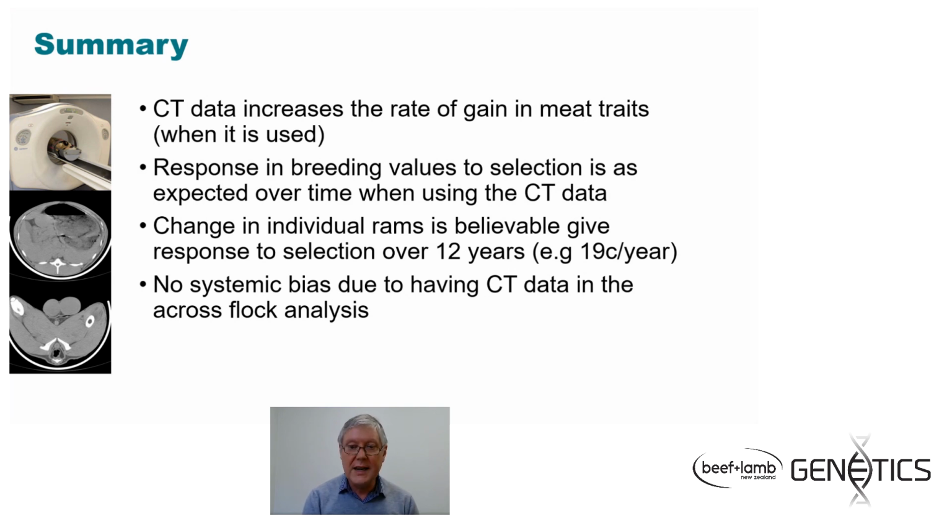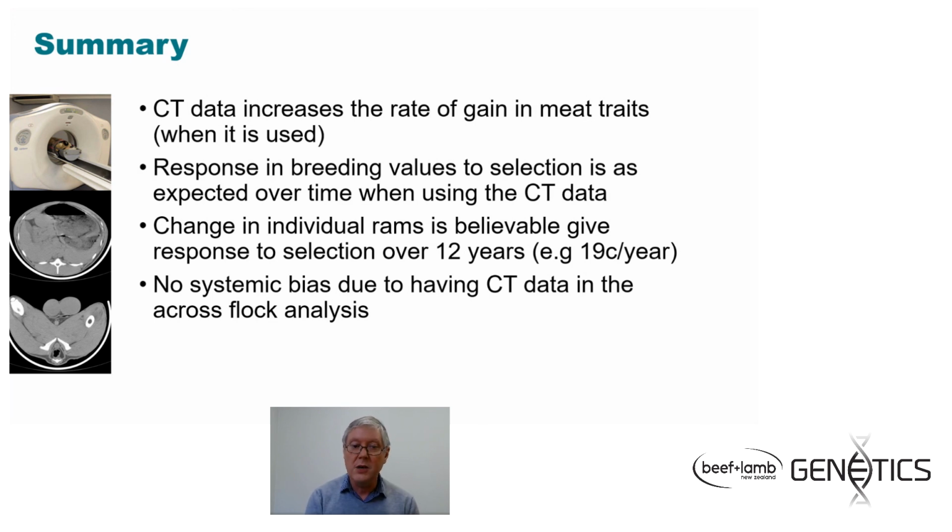The breeding values that we're getting with CTN are more accurate, as are the breeding values that we have for Viascan. It's a very similar story where Viascan data is being used. So I wouldn't call this bias. I think this is a reflection that we're seeing more accurate results coming from using the CT data, and so those differences are true. When we look at it, the reasons are there to justify it.